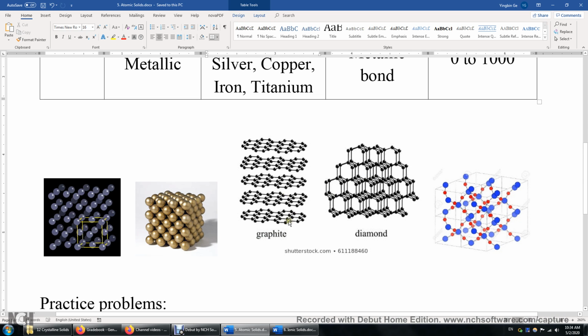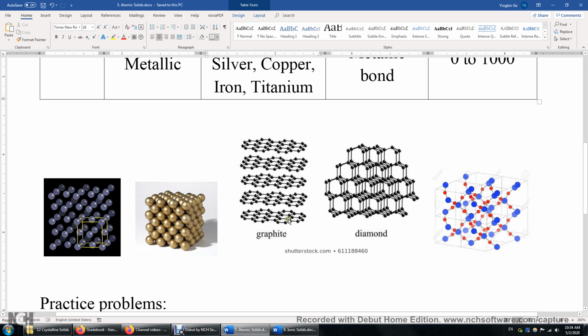This is because to break graphite apart, you don't need to break any chemical bonds. You can break graphite this way: you can break these 2 layers from the bottom 3 layers. Between these 2 layers, there's dispersion. Dispersion is weaker than chemical bonds, so it's a lot easier to break graphite apart.